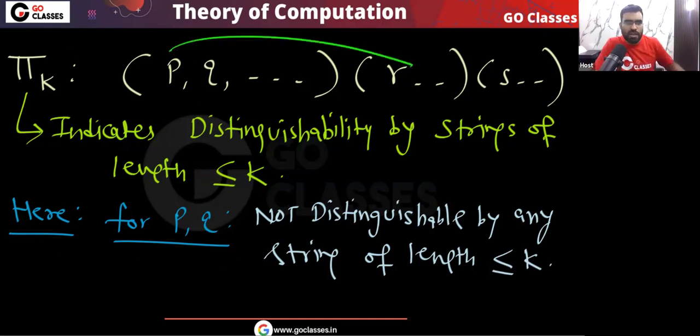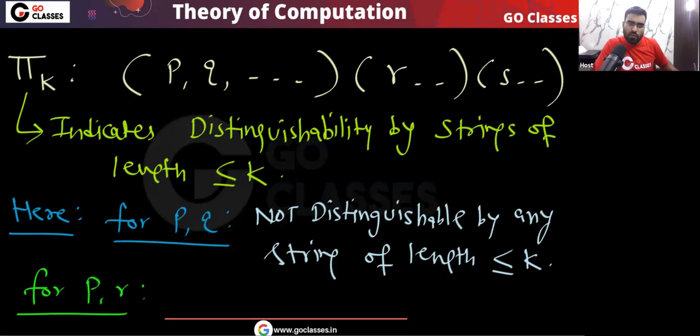But for p and r, what can I say? For p and r, I can say that they are distinguishable by some string of length at most k. Yes or no?